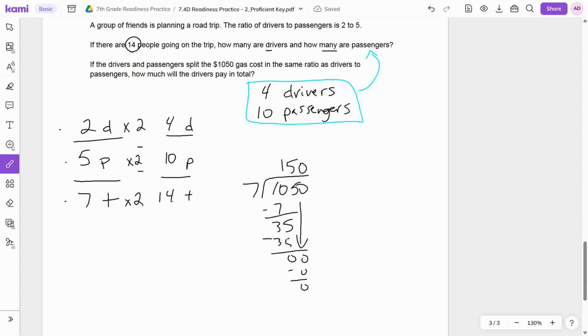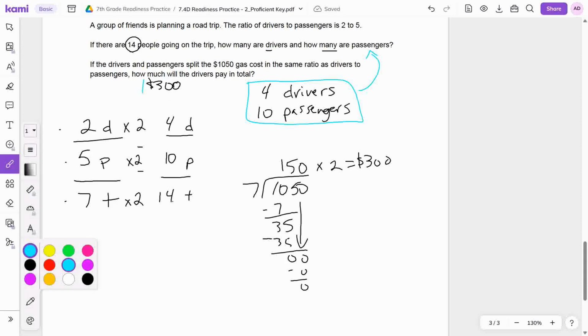Since there's 2 drivers, it's going to be that 150 times 2, and that's going to get me $300. So out of the 1,050, 2/7 of that is $300. And so they will pay $300 total, and that is my answer right here.